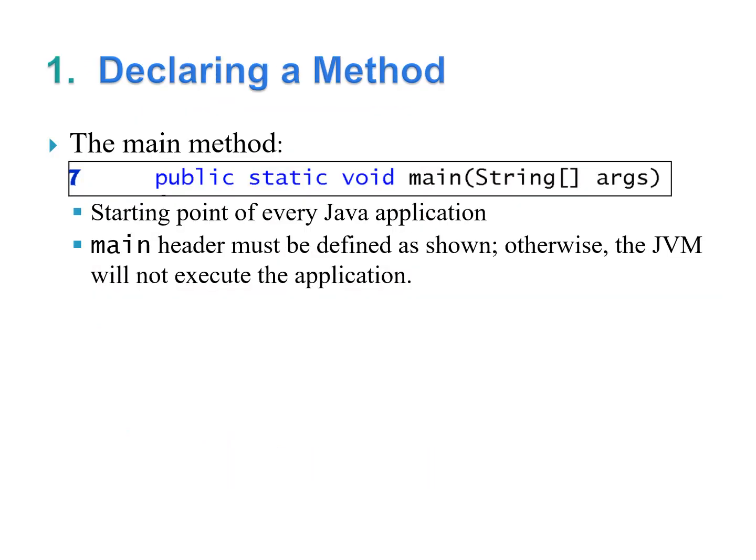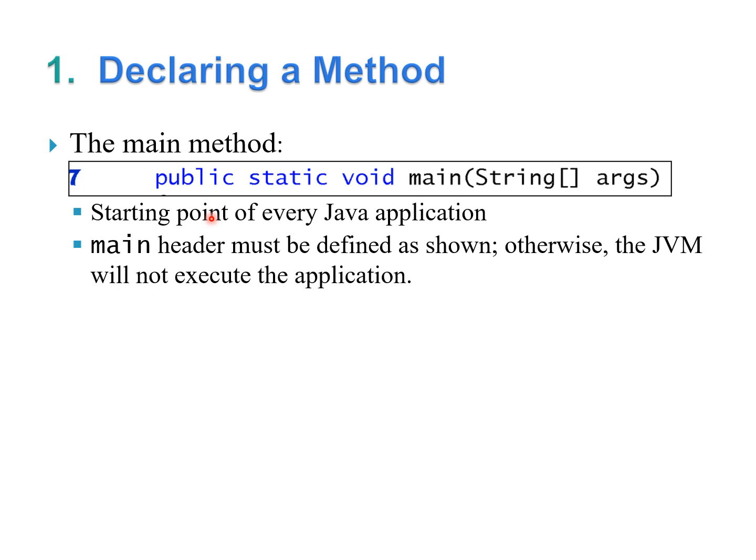Within a class body, you can declare methods of the class. The class Welcome1 in our example has only one method, which is the main method. This line of code, which is in line 7 of the Welcome1 program, is the header of the main method declaration. The main method is the starting point of every Java application.